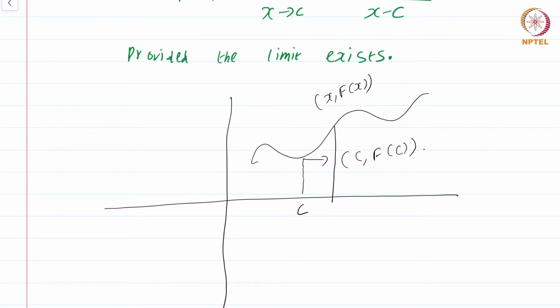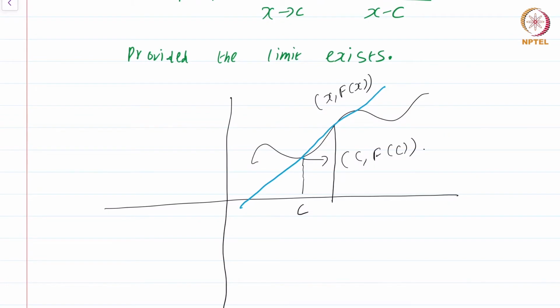So let me try to draw that better. Somewhat better. Not considerably. Okay, so this blue line's slope is given by f of x minus f of c by x minus c. That you're all familiar with from high school analytic geometry.